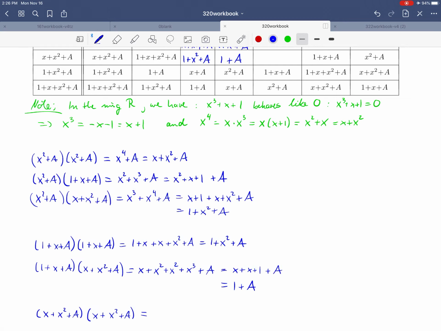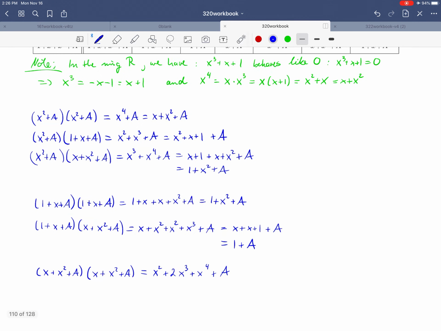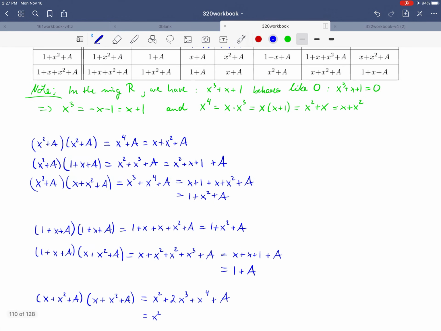And then we have one more. If you like, you can pause the video and fill this in. This becomes an x squared plus 2x cubed plus x to the 4th plus a. And the 2x cubed is 0. x to the 4th we can replace with an x plus x squared.